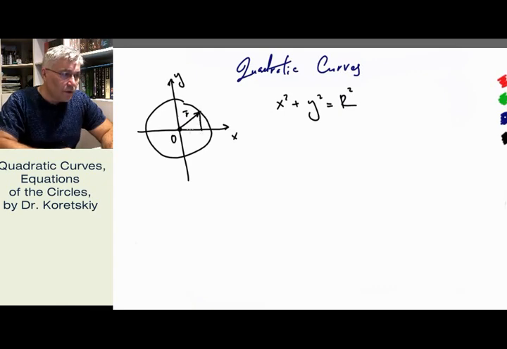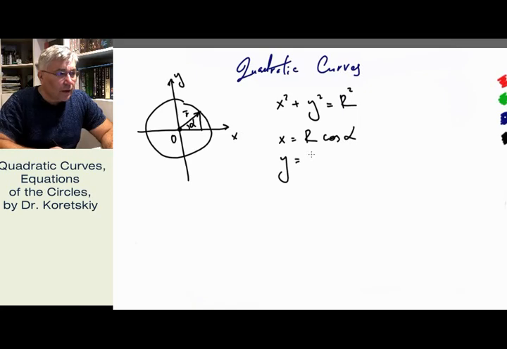You can see the alpha angle here, so x you can define as r times cosine alpha, and y as r times sine alpha.